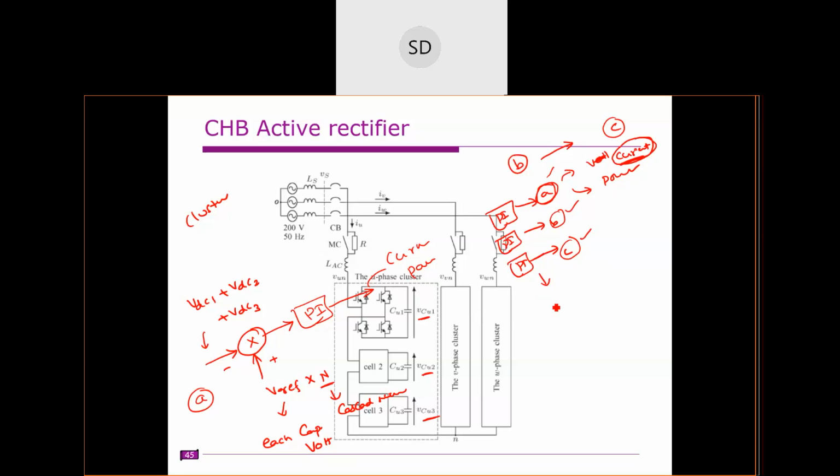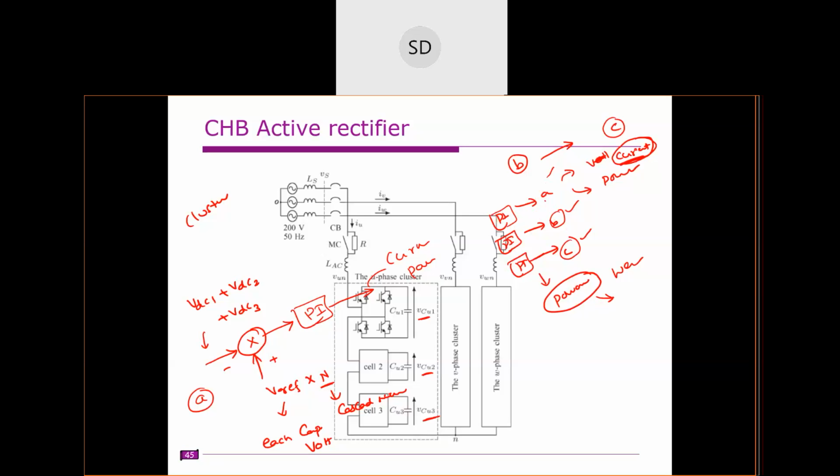If you assume that the controller, the other controller that we will discuss in the next class, is in the power form, or if you assume that this PI controller output is in the power, then we can add all this together. That means each cluster voltage, whatever A phase, B phase, C phase you have obtained, you can add together. Clear?